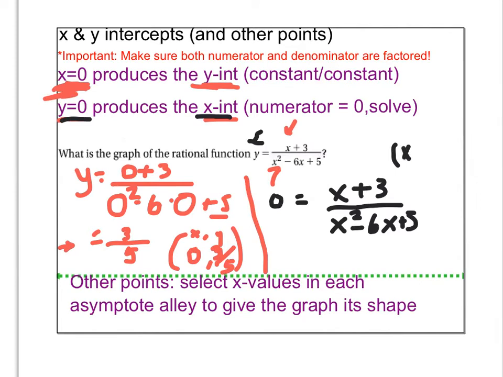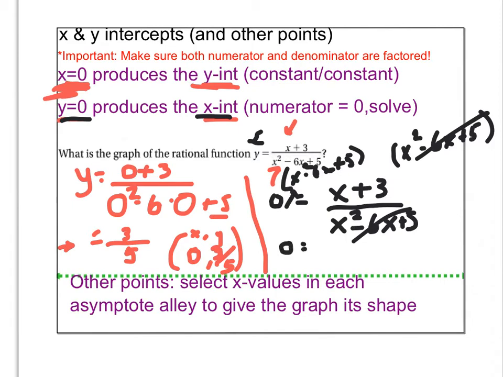If I multiply the right side by the denominator, it will cancel this. But if I do that on the right, I need to also do it on the left. So I don't even know if I'm going to be able to squeeze this all in here. I think I can. But what's 0 times anything? It's 0. You get 0 equals x plus 3.